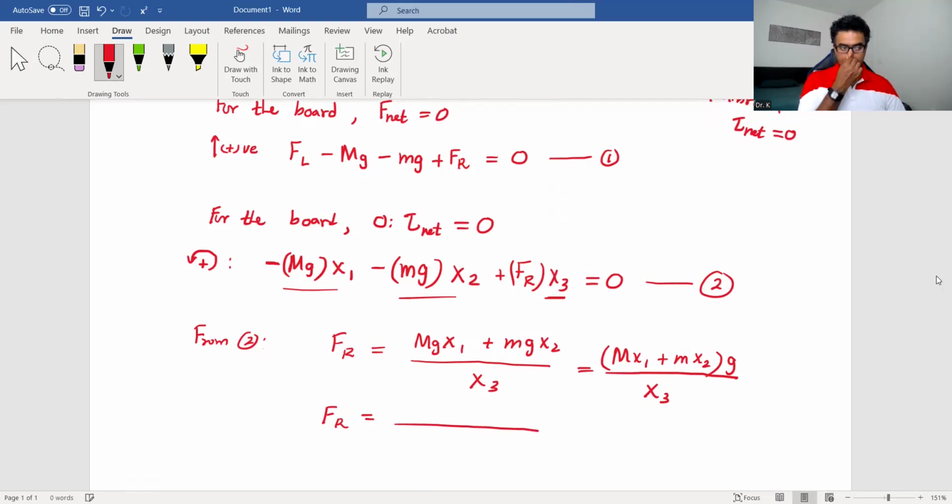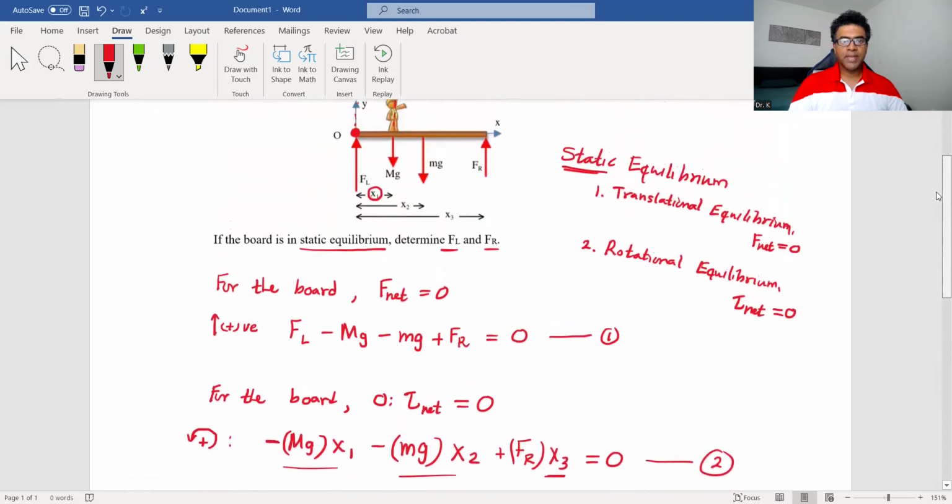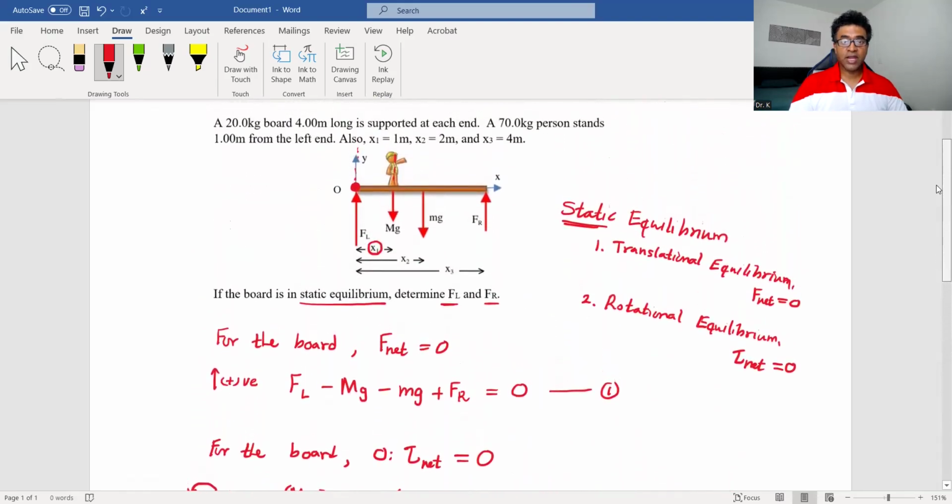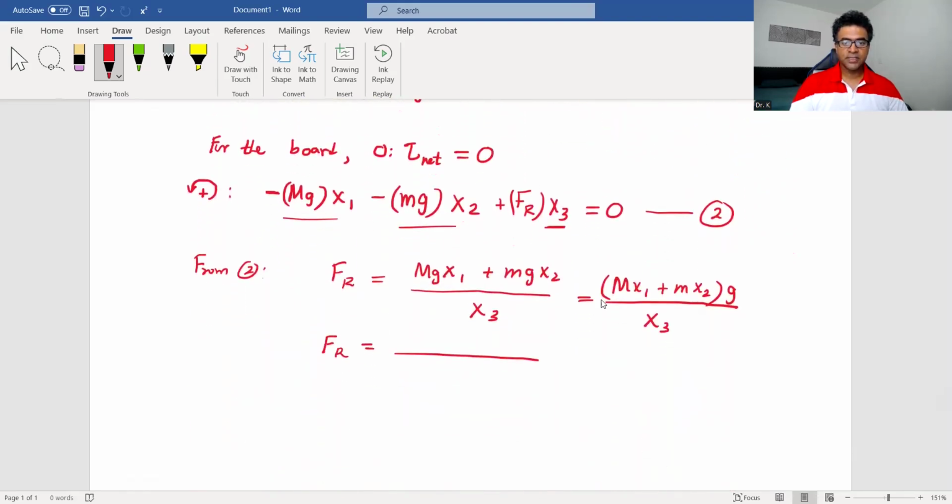So let's go back to the problem. Big M is 70 kilograms, the mass of the person, times the distance x1, which is just 1 meter, plus small m is 20 kilograms, and x2 is 2 meters. And then g is 9.8.